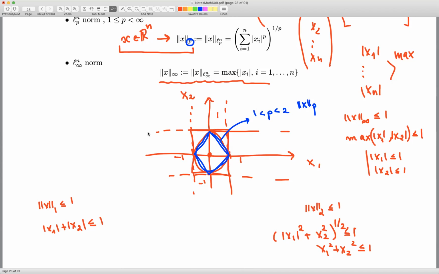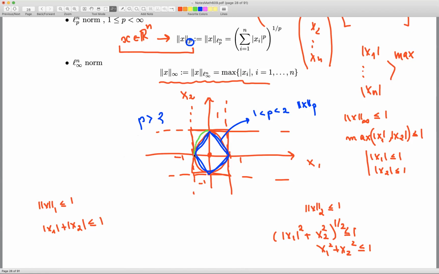And when p is bigger than 2, the unit ball is a convex body that contains the circle but is contained in the bigger square. It's centrally symmetric.